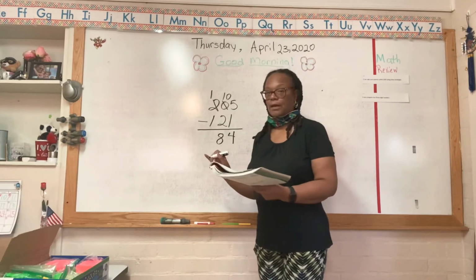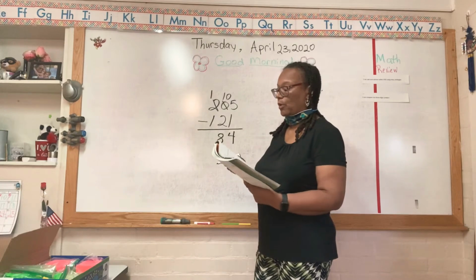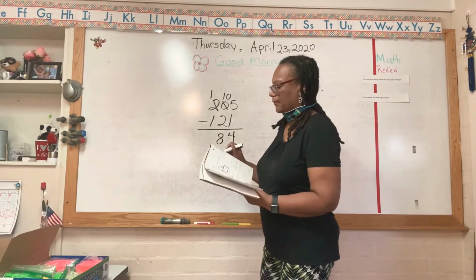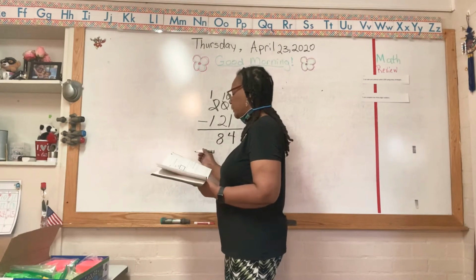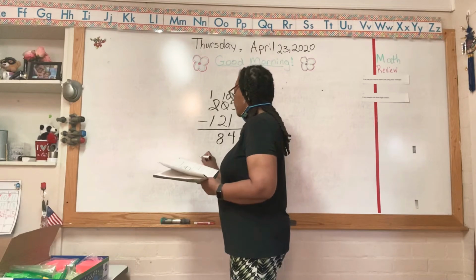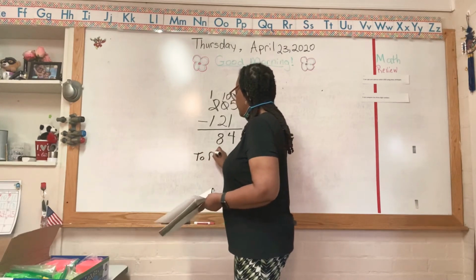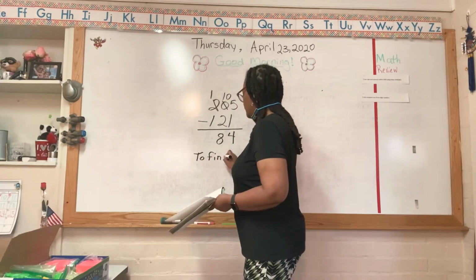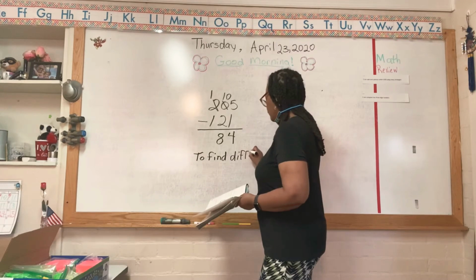Now, if I were to write, use terms to describe what we just did, you can copy this if you like, but you might be able to describe it in other ways. I'm going to just say, to find the difference is subtracting.